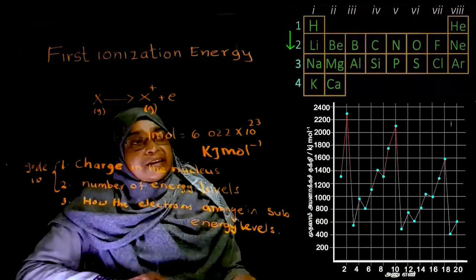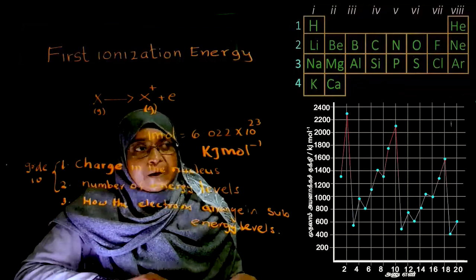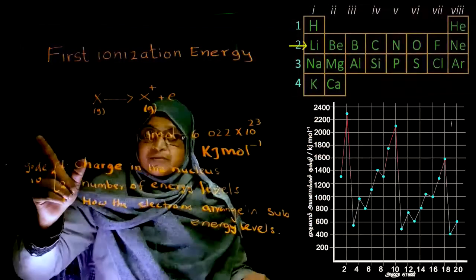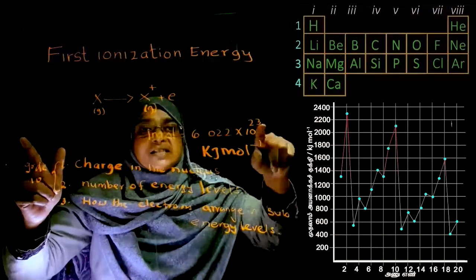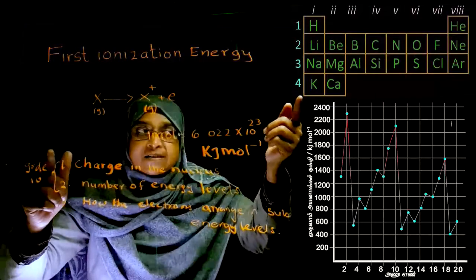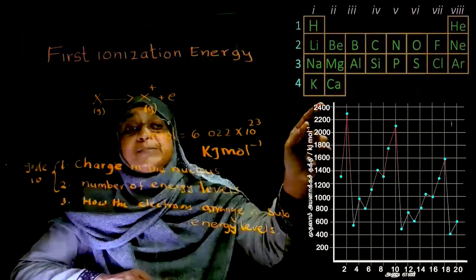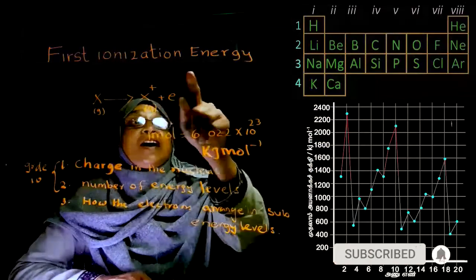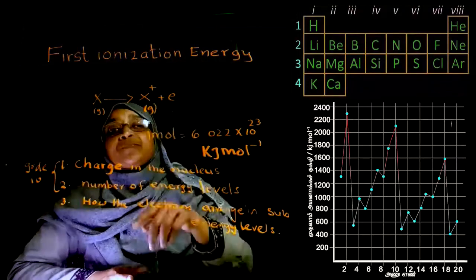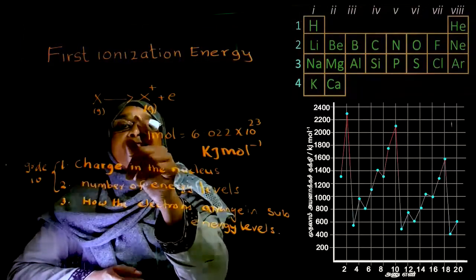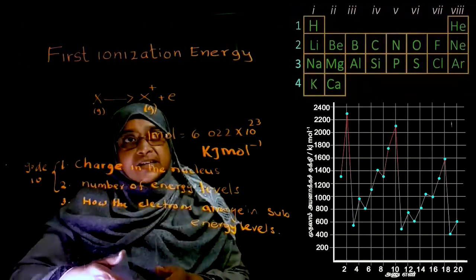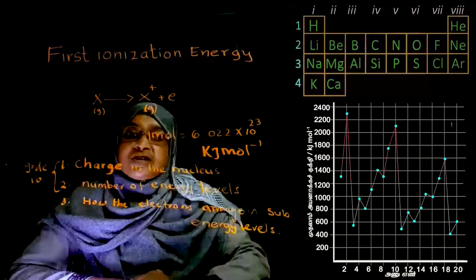In the periodic table, the first ionization energy increases from left to right and from bottom to top. So helium gets the highest first ionization energy. A property of metals is releasing electrons and forming cations, so forming cations depends on the first ionization energy.